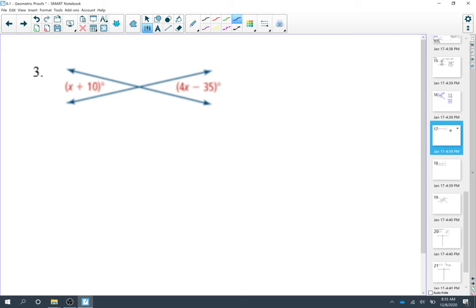Example 3, solve for x. Once again, x plus 10, 4x minus 35, vertical angle theorem. So x plus 10 equals 4x minus 35. I'm going to subtract x. 10 equals 3x minus 35.